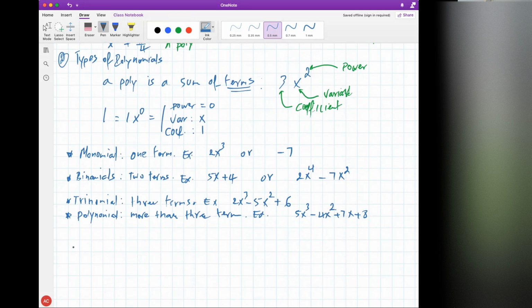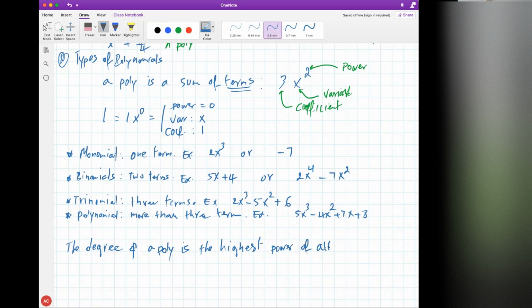Another characteristic of a polynomial is its degree. The degree of a polynomial. So it's very simple. The degree of a polynomial is simply the highest power of all the terms. So as we said here, each term has a power. So when you look at a polynomial, you just look at the highest power of all the terms.